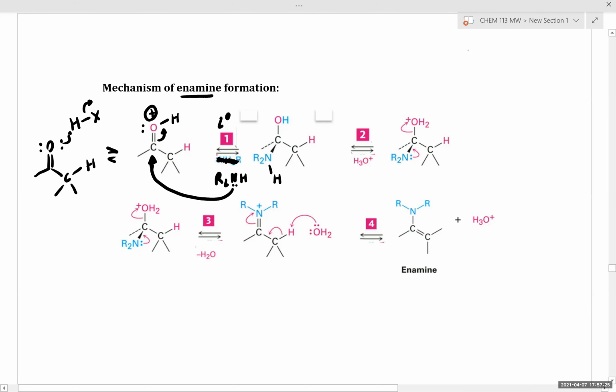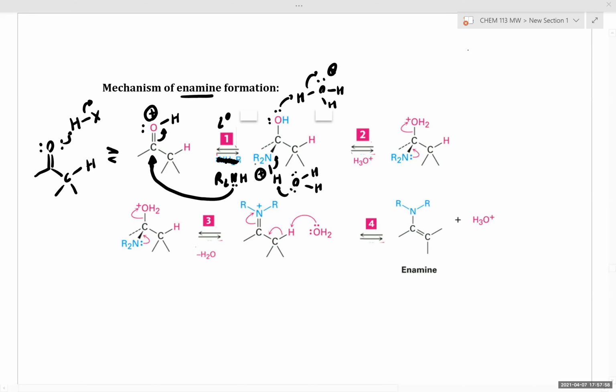From here, just like before, we have to activate water as a leaving group and deprotonate our nitrogen. So water is going to come on in and pull off a proton, and our acid will donate a second proton. So we've activated water as a leaving group, and we've freed up a lone pair on nitrogen.